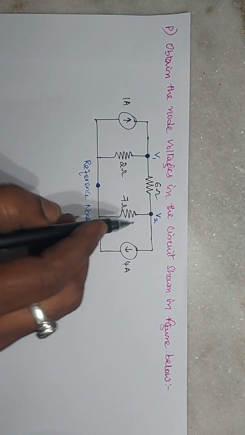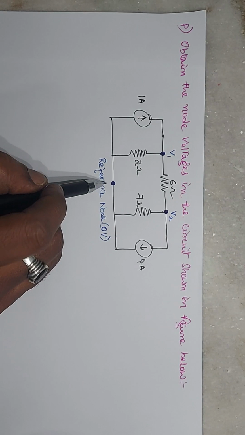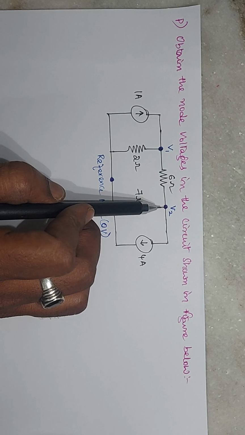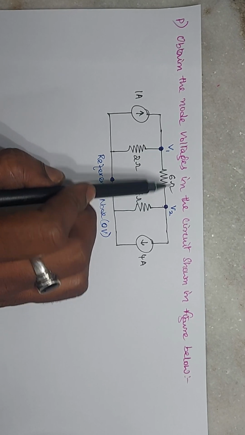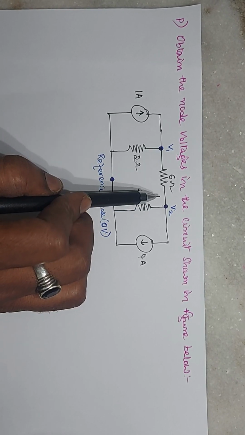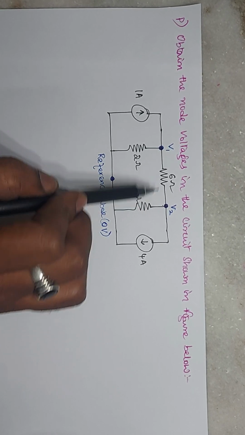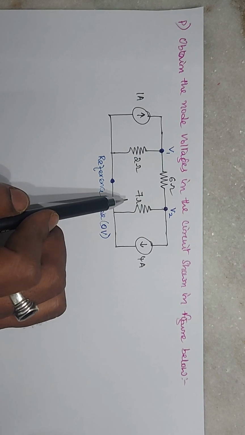Now we are going to find out the V1 voltage value and the V2 voltage value. By obtaining these node voltages, we can easily get the current passing through each and every element: 6 ohms, 2 ohms, 7 ohms.